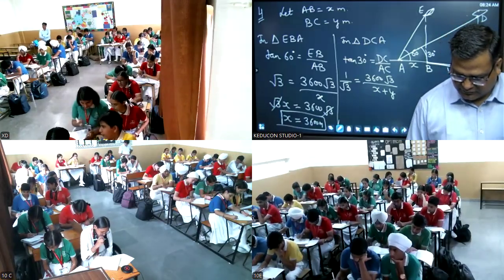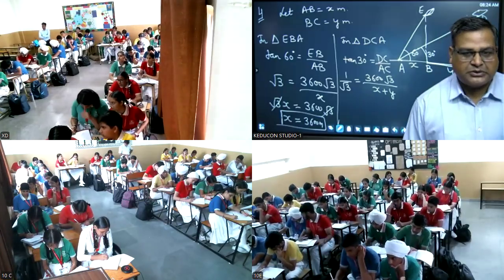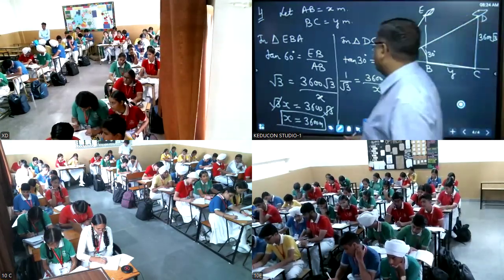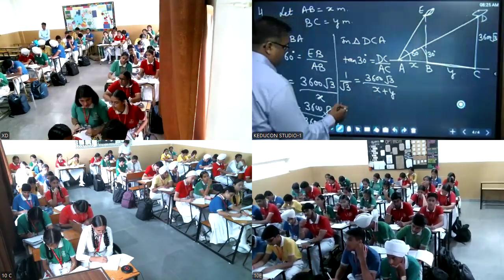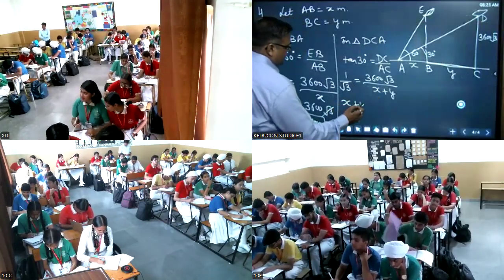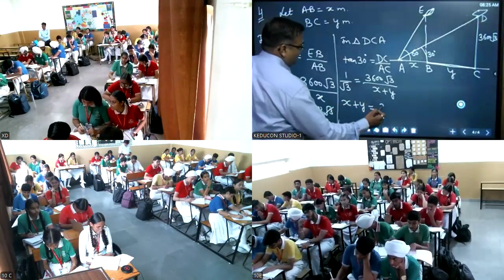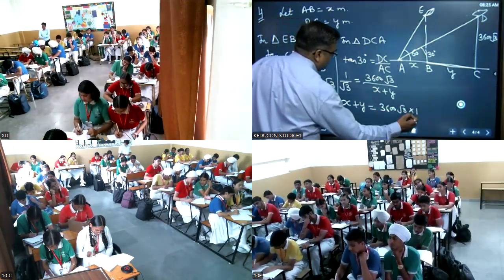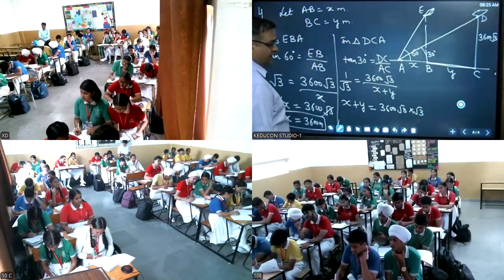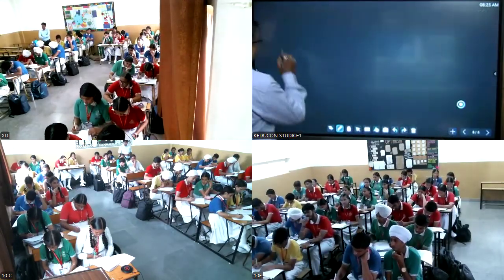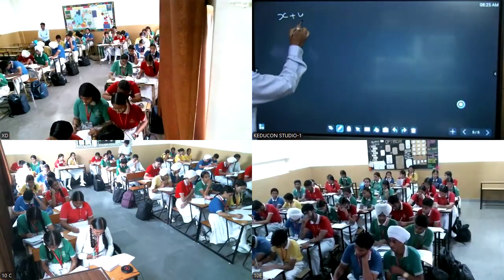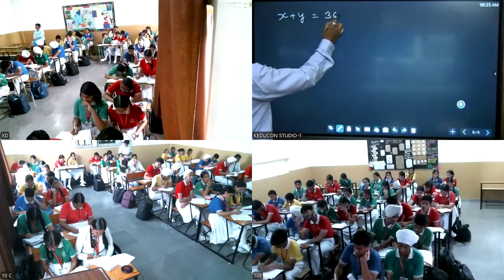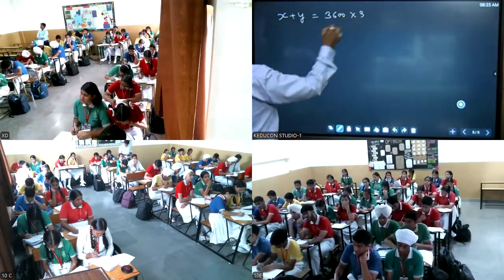The y is 7200. Right. See, children, we cross multiply. So what we got is x plus y equal to 3600 root 3 multiplied by root 3. So now this becomes x plus y equal to 3600 into 3, since root 3 into root 3 is 3.